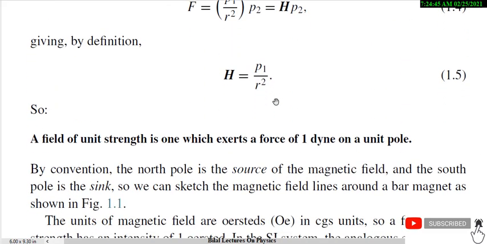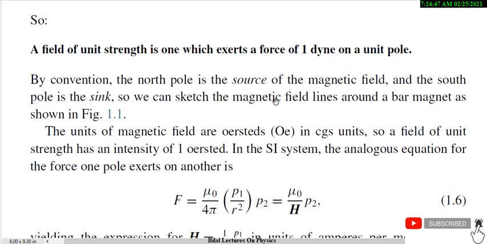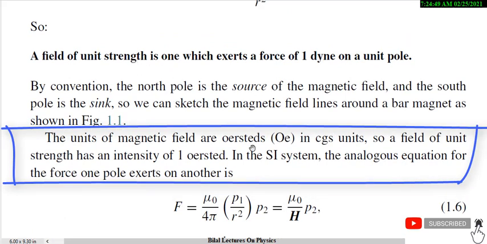So this is all the discussion about the unit of magnetic field, basically the Oersted. This is very important to know. In CGS units, the magnetic field unit is the Oersted. So a field of unit strength has an intensity of 1 Oersted.